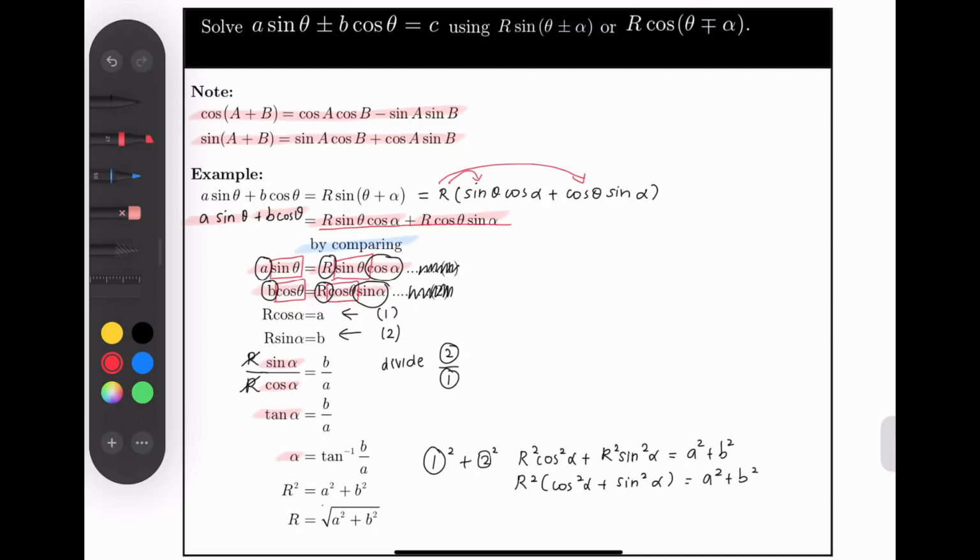And you know the identity cos squared alpha plus sin squared alpha equals 1. That's why we get R squared equals A squared plus B squared. In order to get R, you need to square root both sides. So when you square root, you're going to get plus or minus the square root of A squared plus B squared. But in the question, it will state that R must be greater than 0. That's why you choose R equals the positive square root of A squared plus B squared.